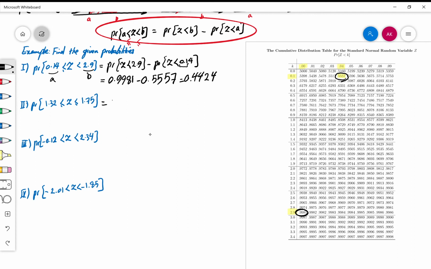Let's do one more example. So this is probability of, always remember, Z less than the bigger one minus probability of Z less than the smaller one. You can put equalities or not, doesn't matter. Then if both of them are positive, you can go ahead right away and find it from the table. 1.7 is here, 0.05 is there. I need to draw this thing to make sure that I get the right numbers, and yes, I did.